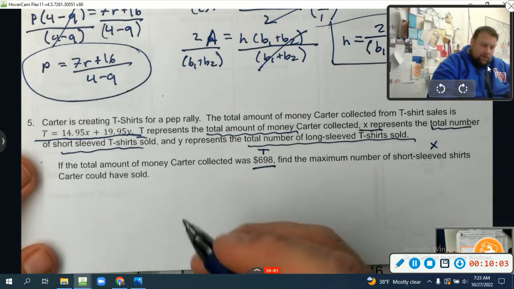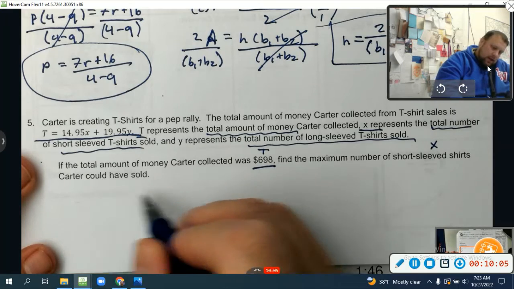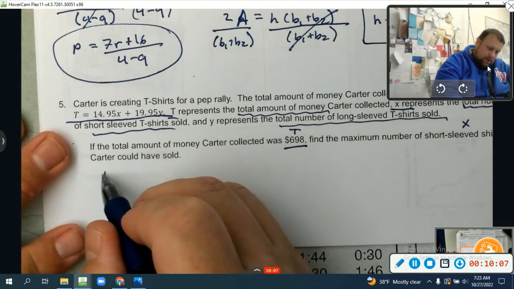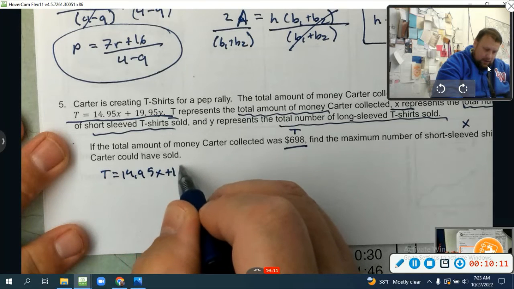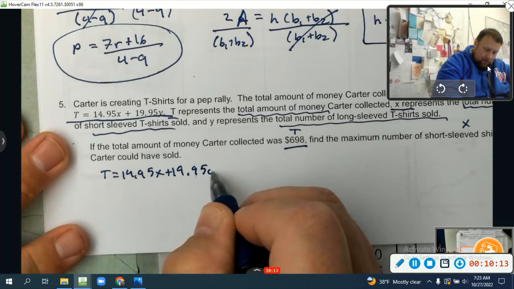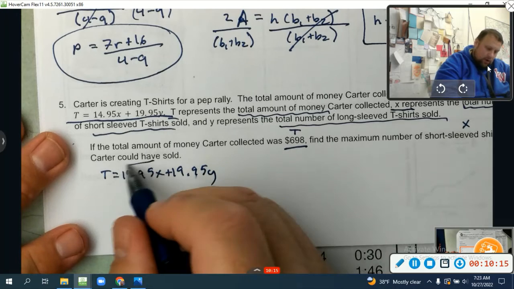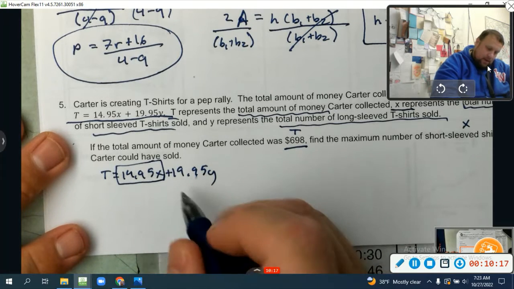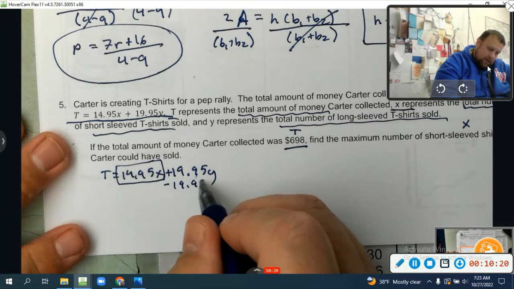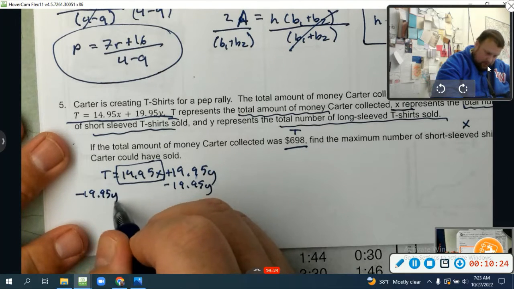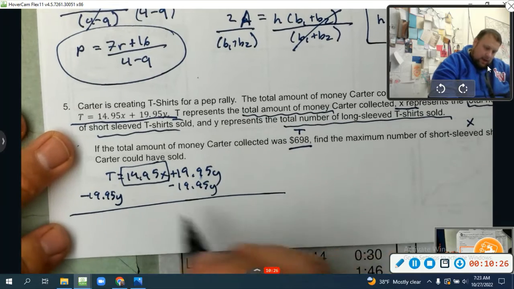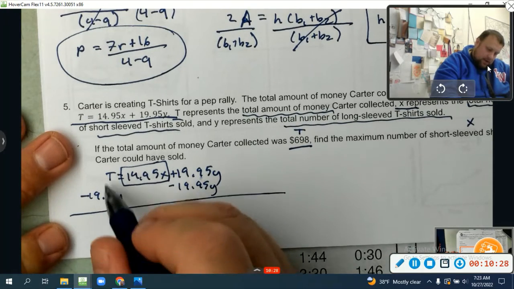So let's see. First of all, let's go ahead and look at that equation. T equals 14.95x plus 19.95y. I want to solve this for x, okay? So I'm going to subtract 19.95y from both sides. And I'm going to switch sides on it. Well, no, not yet.